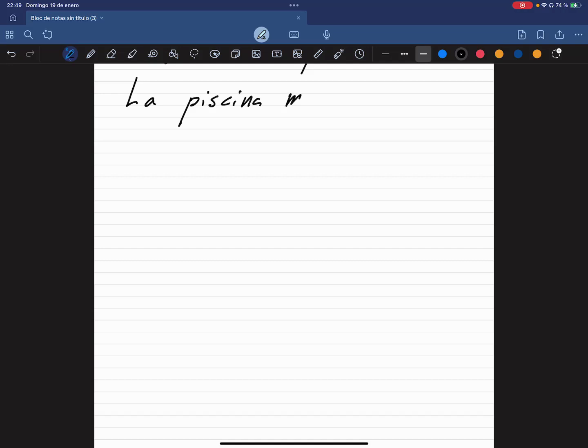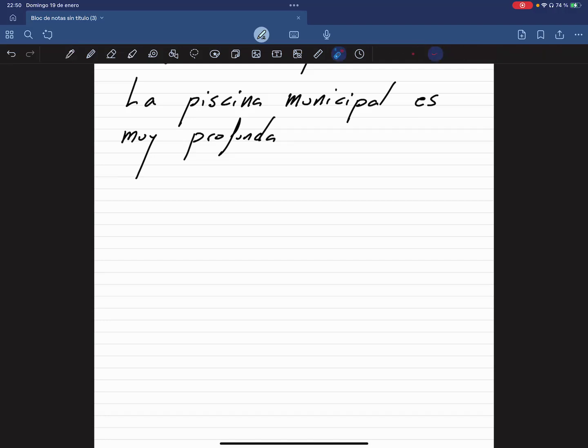La piscina municipal es muy profunda. And this means the municipal swimming pool is very deep. Profundo o profunda means deep. Okay, let's continue.